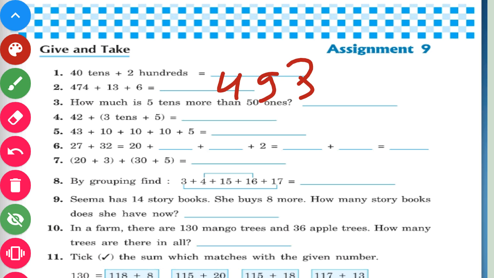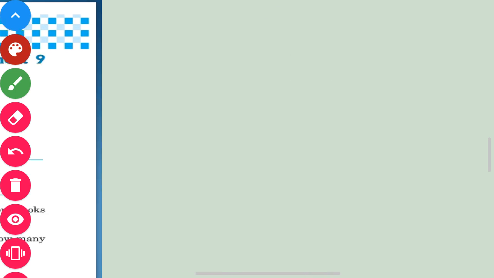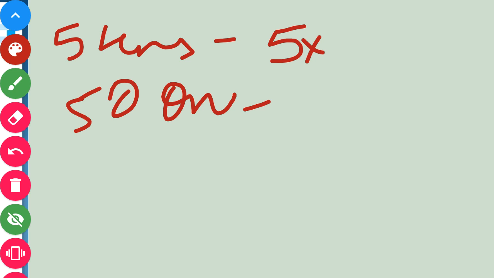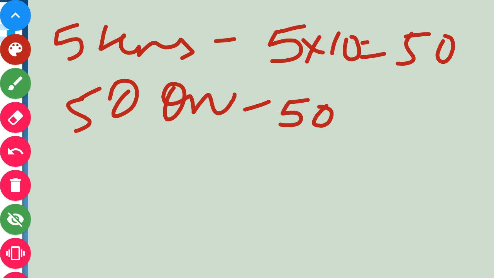So 5 tenths and 50 ones. 5 tenths means 5 into 10, 50, and 50 ones means 50 into 1, 50.